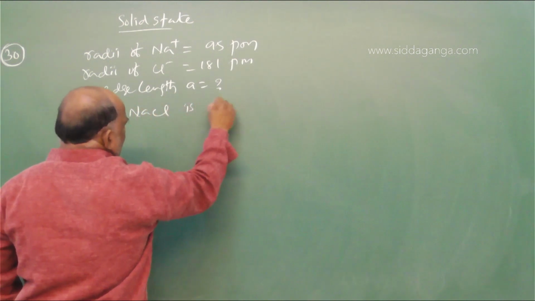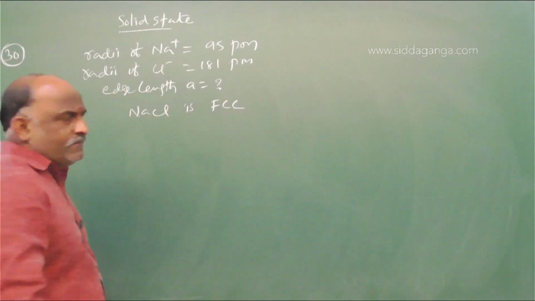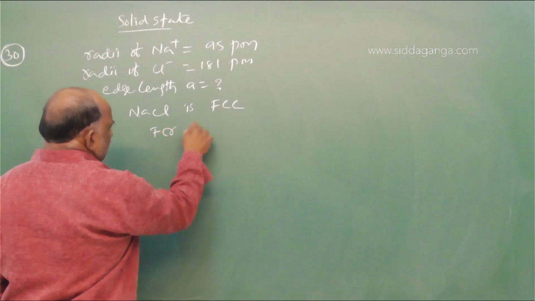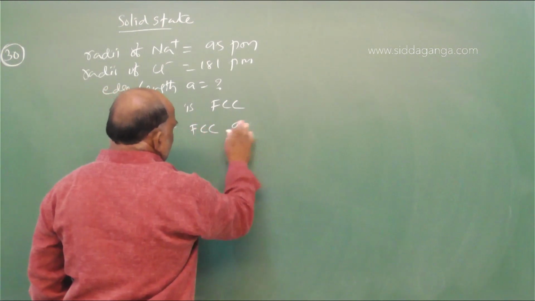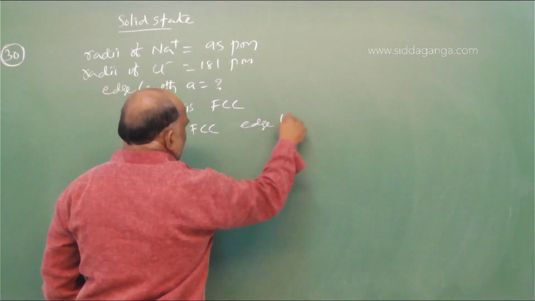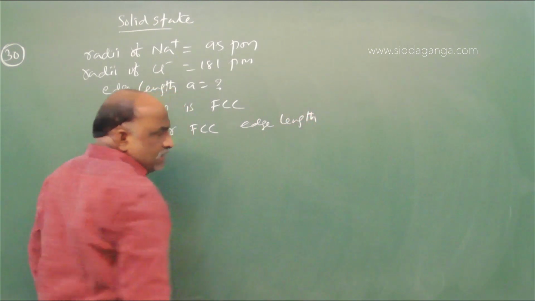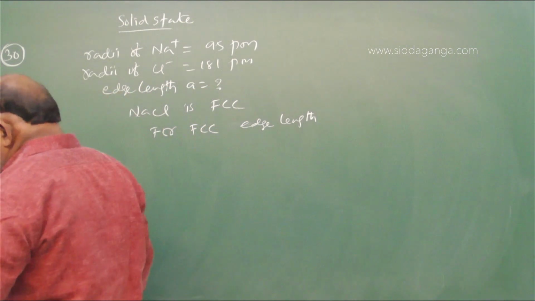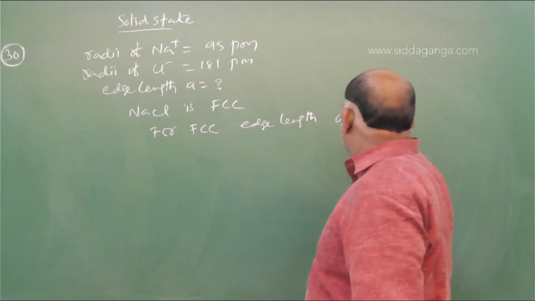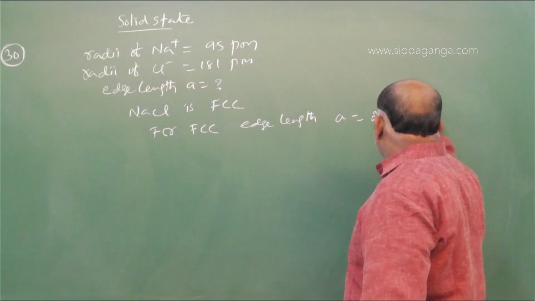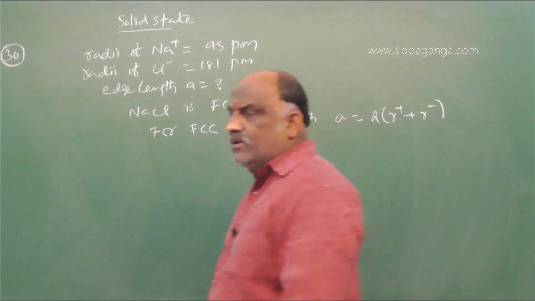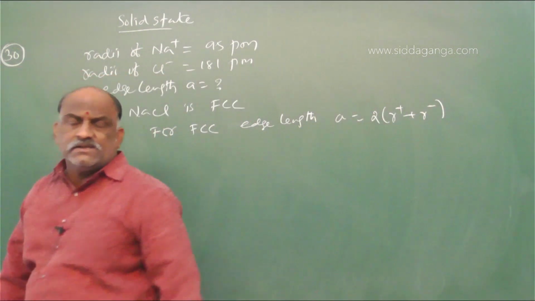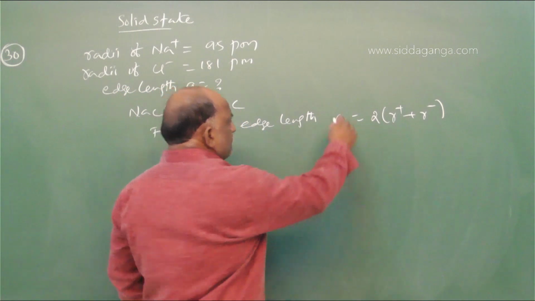NaCl is FCC. For FCC, there is one formula for edge length: a is equal to 2 into (r plus plus r minus). My dear students, make a note of this very important formula.